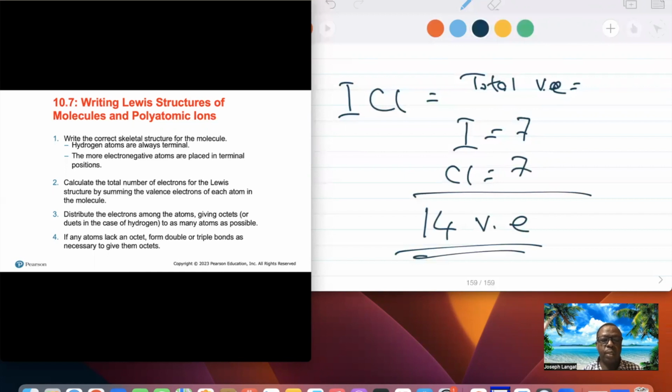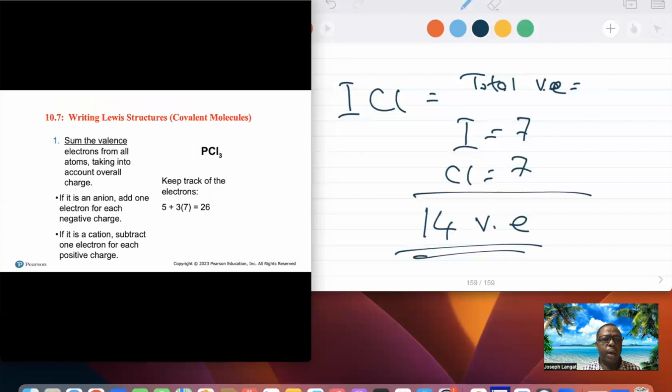If an atom lacks an octet, you can form a double bond or triple bond as necessary. It's just like math, you have to practice. If I only read these rules, it won't help me unless I practice how to write the Lewis structure for a molecule or polyatomic ion.